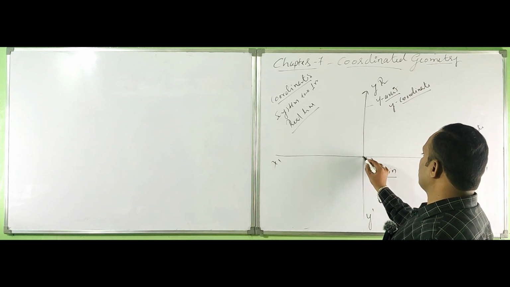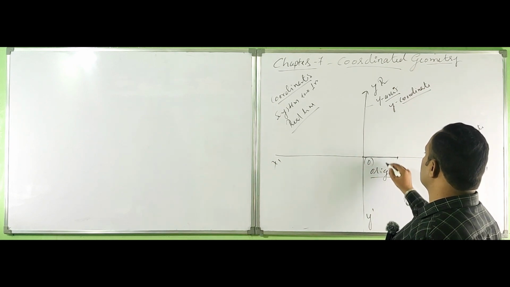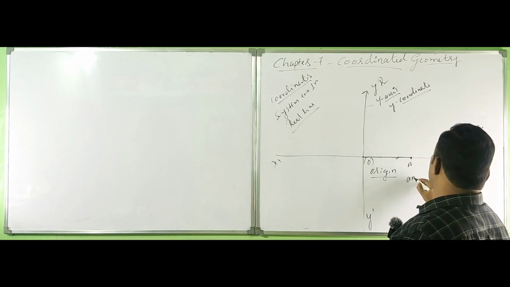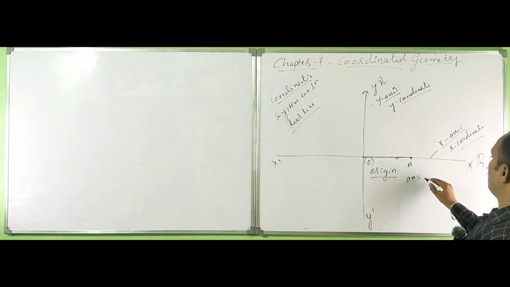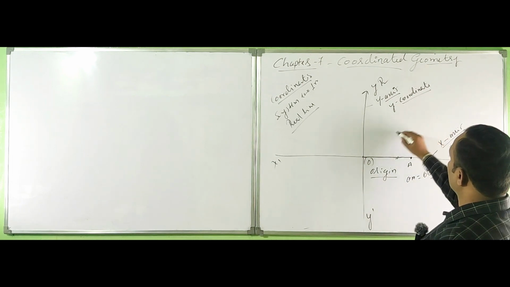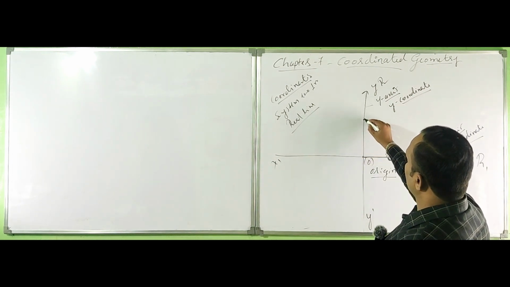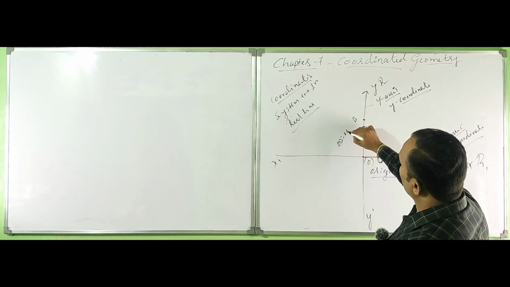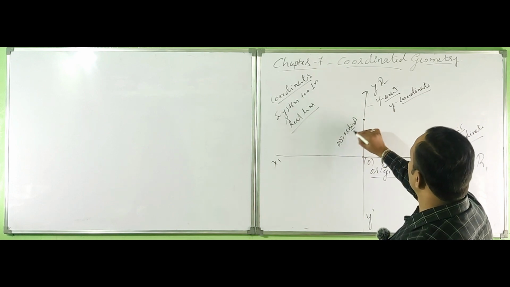The distance on the x axis from the origin to the point, say point A, so OA is called the abscissa, right? The height here is called the ordinate; this is B. OB is called the ordinate, okay?